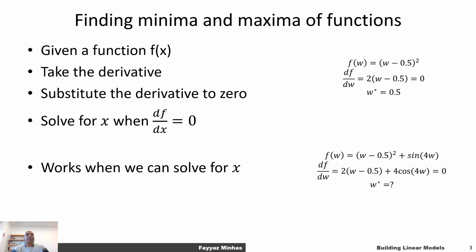The next thing we are interested in is how do you find the minima and maxima of a function? You must have covered it in high school algebra or calculus. So if you're given a function f of x, let's say a function of a variable called w, whose functional form is given to you, and you're interested in the maxima and minima values of this function, then you can take the derivative of this function and set that derivative equal to 0.